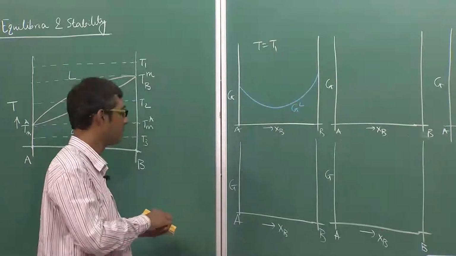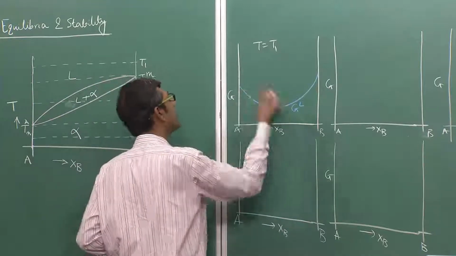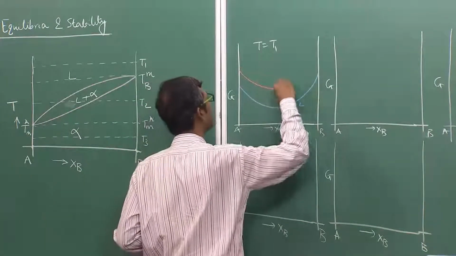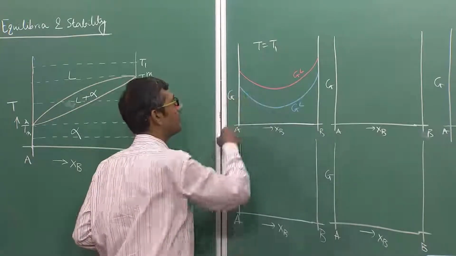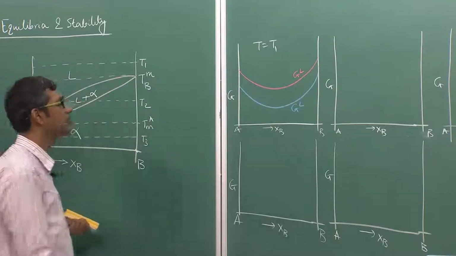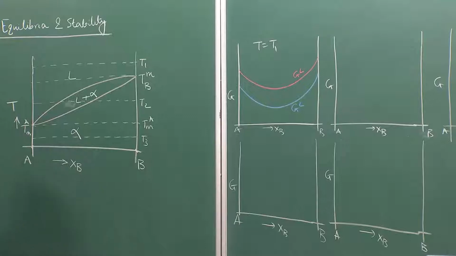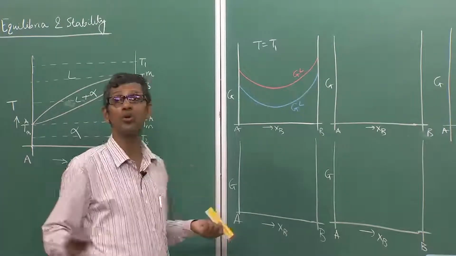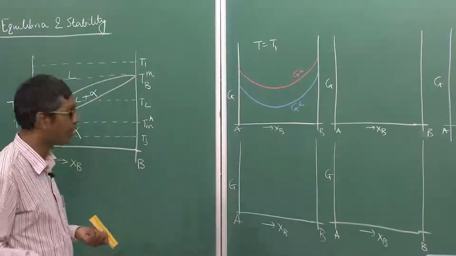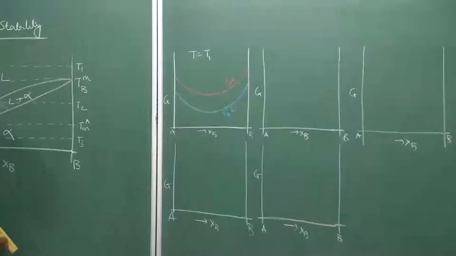Because only liquid is stable and alpha is not, the alpha free energy curve will be in a higher position relatively. Stability tells you whichever is in the lower position, that phase is more stable. That is very easy to understand. There will be no crossover because only the liquid phase is stable.